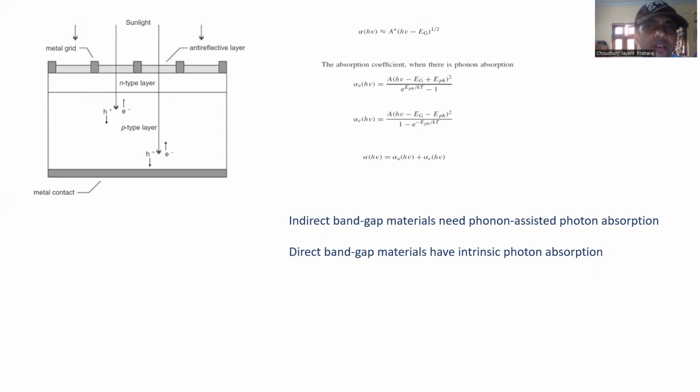The thing to keep in mind though, is that if the photon energy is much higher than the band gap, then it may no longer follow the square root dependence. If it is much higher than the band gap, then it can have a much more complicated dependence on energy. So the physics here is that the absorption coefficient depends on the so-called joint density of states between conduction band states and valence band states.